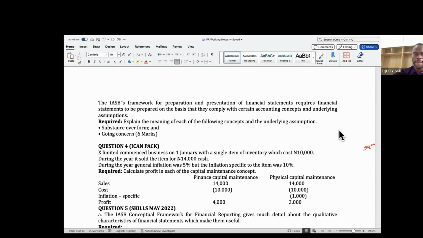So usually every transaction has both economic substance and legal form. There's no transaction you consummate that will not have both. And usually they are consistent with one another, in such a way that the economic substance and the legal form are always the same.